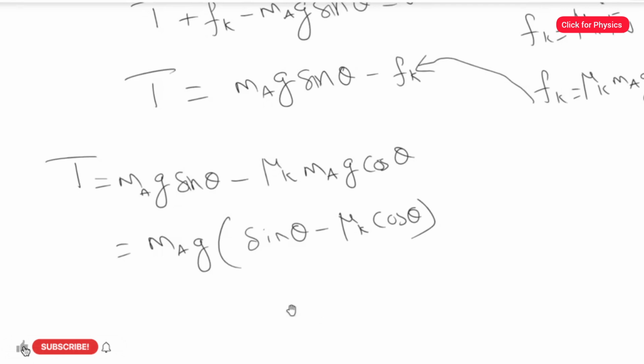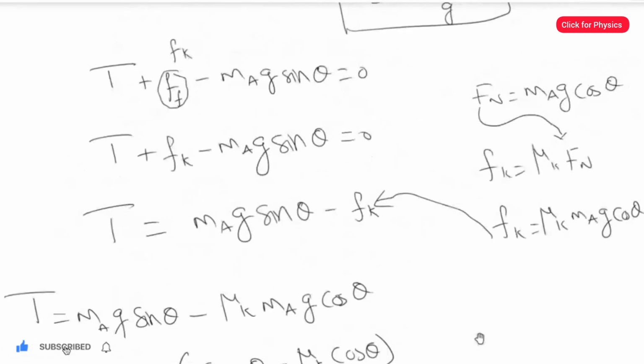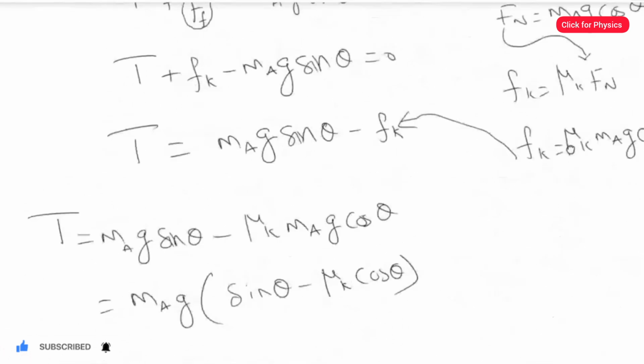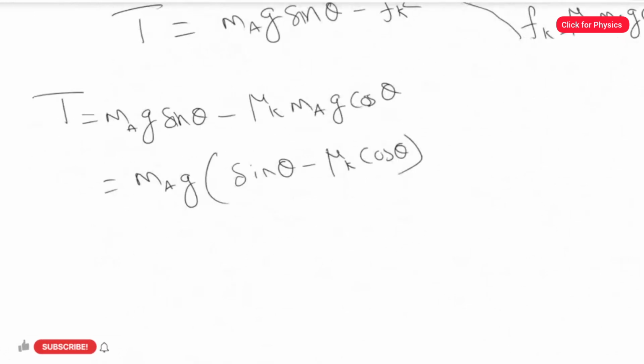So let's substitute the value. Once you substitute the value, we will get the answer for T. And after we get the answer for T, I'm going to substitute the T value here. By that, we can easily find the answer for the mass of block B. Clear? Okay, let's substitute the value. In the question, they clearly give the mass of block A as 15 kilogram. So 15 kilogram multiplied by acceleration due to gravity, which is 9.8, sine of 30 degree minus mu k.